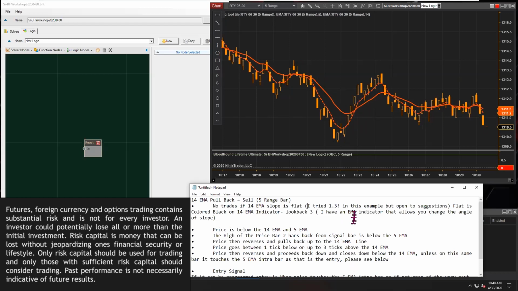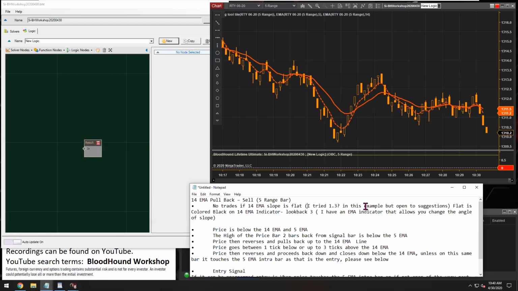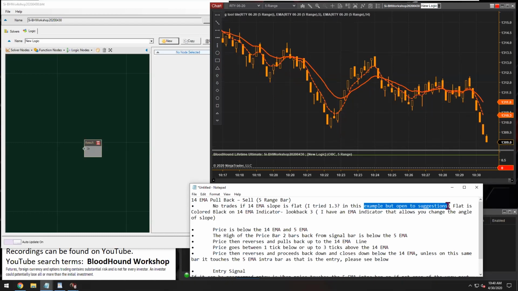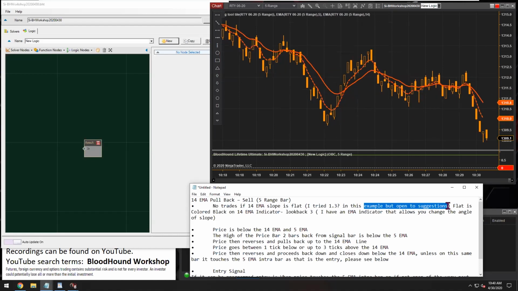So, just so you know, guys, we don't provide any kind of suggestions as to what settings you guys should be using. Settings are purely subjective, and it's up to you guys and the way you design the system. Trading is very, very subjective.